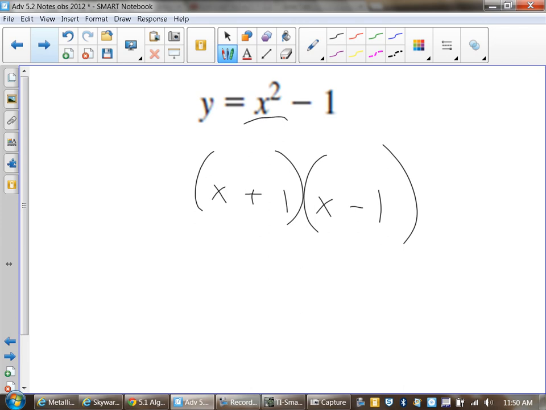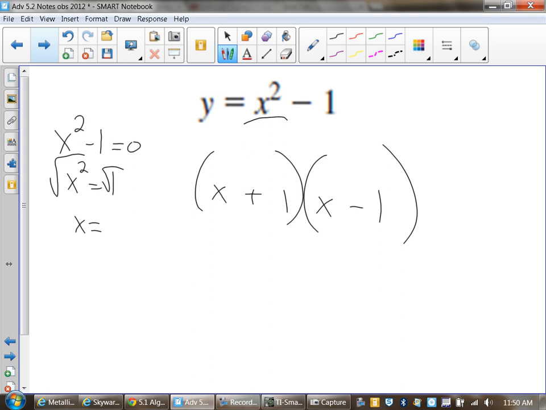It only works with subtraction, and here's the reason why this works. If you have x squared minus 1 and you set it equal to 0 to find zeros, one method to solve this problem is to add 1 and then take the square root.